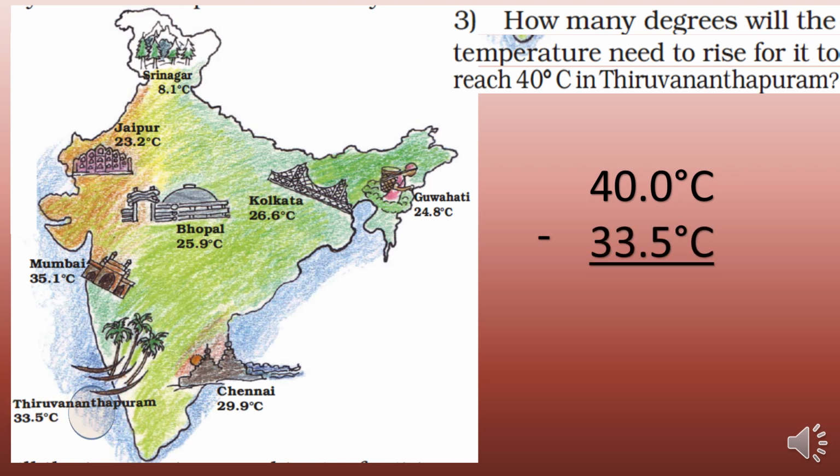If we subtract 33.5 from 40, you will get 6.5 degrees Celsius. The temperature of Thiruvananthapuram needs to rise 6.5 degrees Celsius more to reach 40 degrees Celsius.